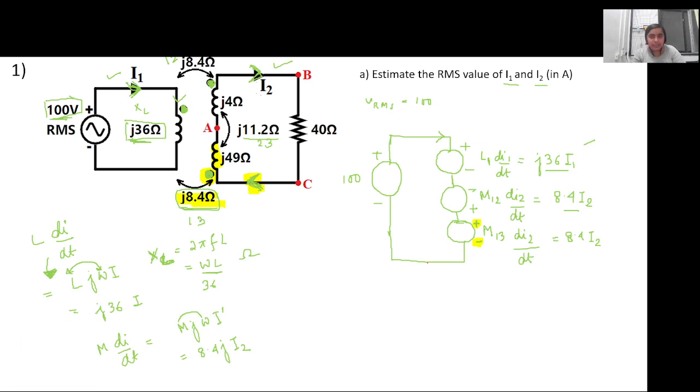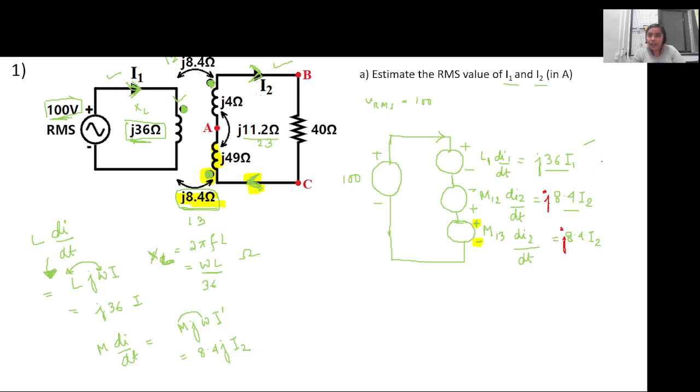Are you getting the sign convention properly? Yes. Here, M13 di2/dt is equal to j8.4 I2. j will be there.